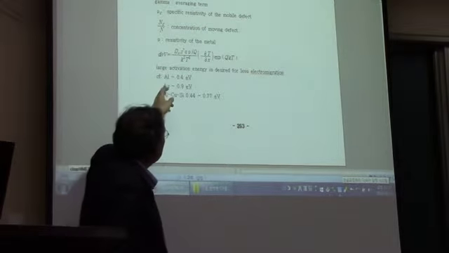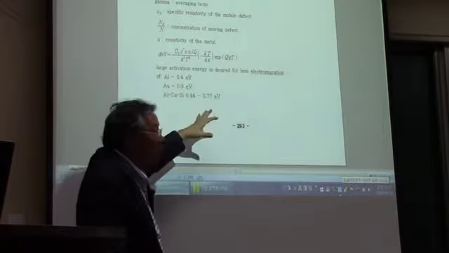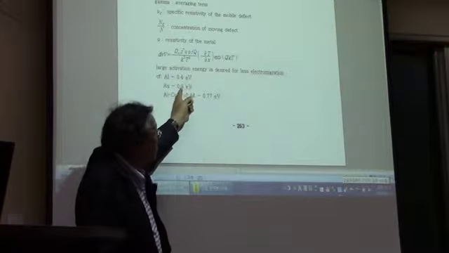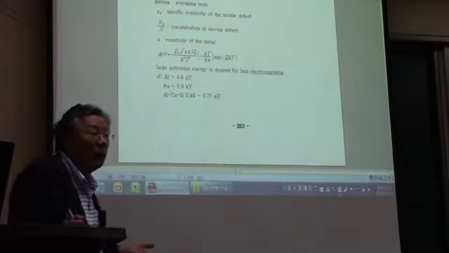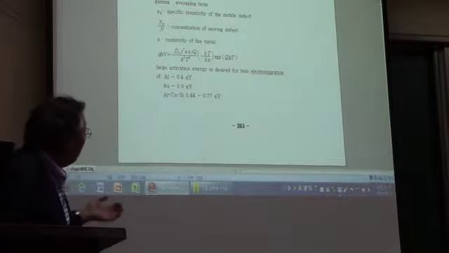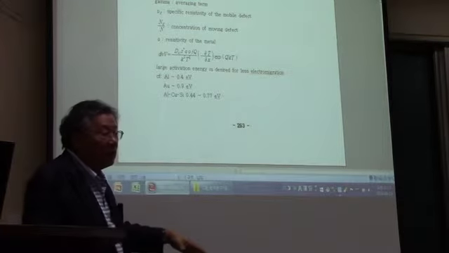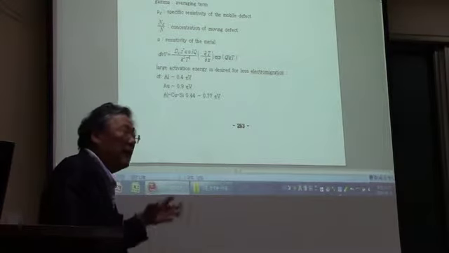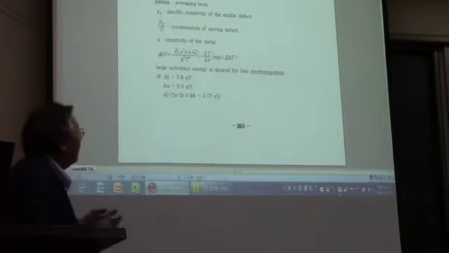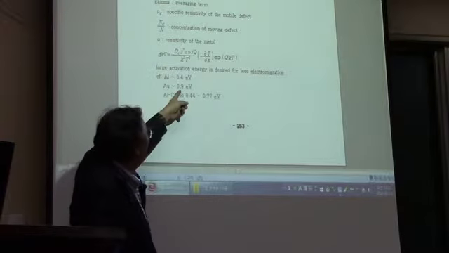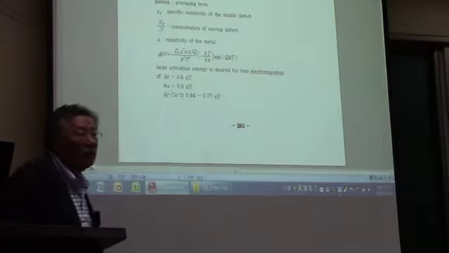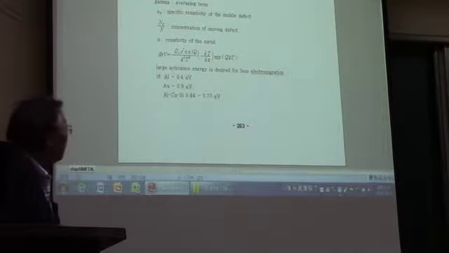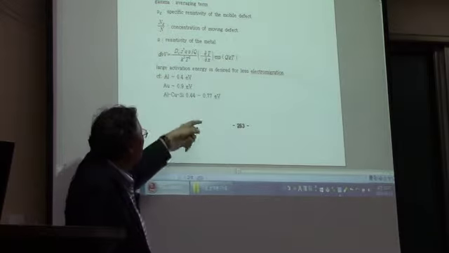It turned out the activation energy for electron migration in aluminum is just 0.4 electron volts. If you have a low activation energy, then electron migration can happen easily. Okay? Gold, 0.9, pretty high. We never get electron migration in the gold lines.